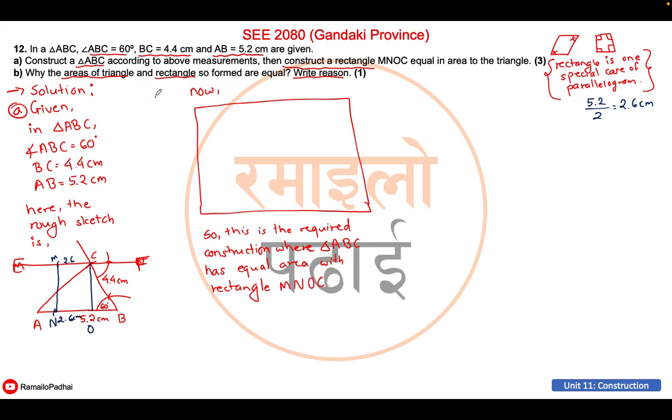So this is solution of question number A. Now we will move on to question number B. Why are the areas of triangle and rectangle so formed equal?